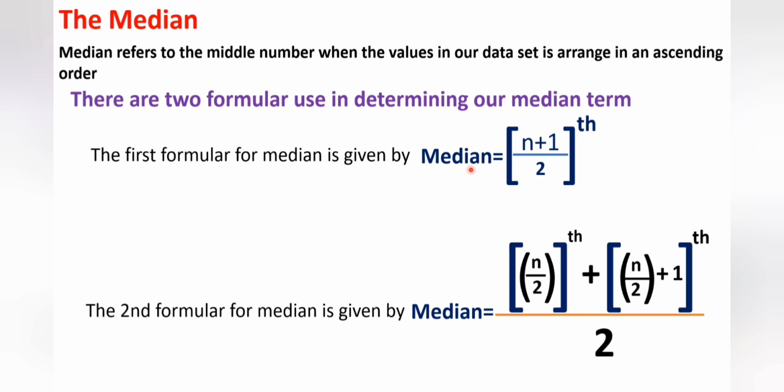Then we can make use of n plus 1 all over 2, the term that falls in between. That will be the median number. Are you getting it? The second formula is used when the total number of our data set is even. Okay, let's proceed to some worked examples on median.